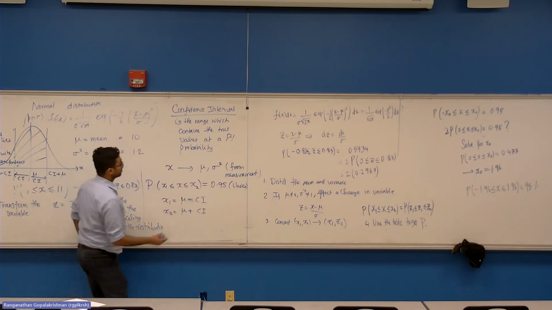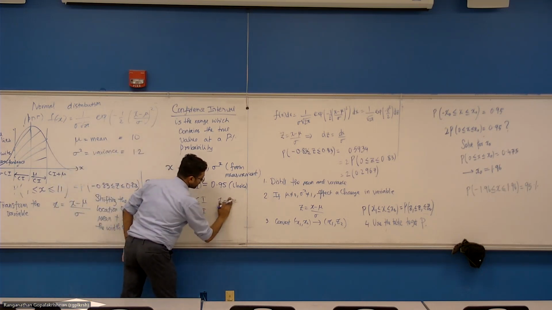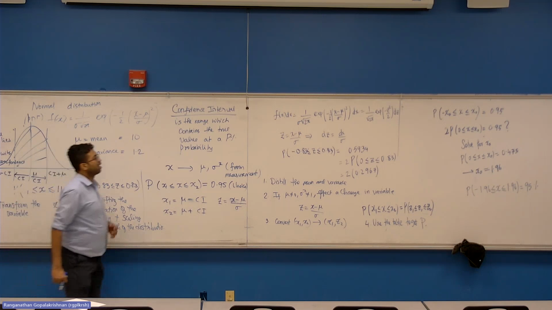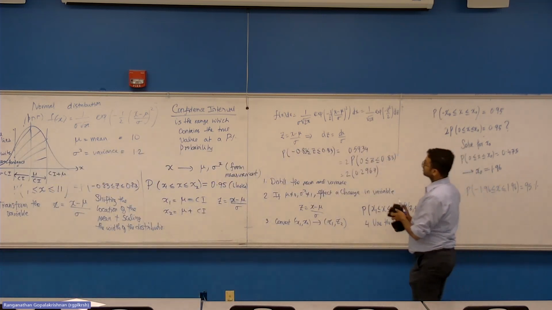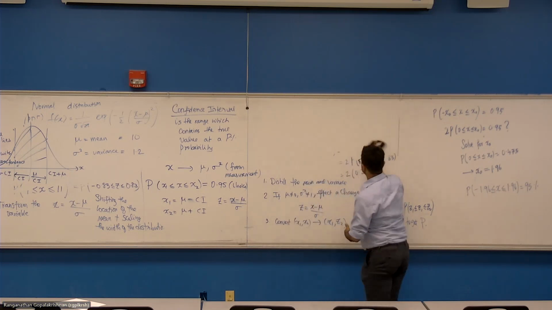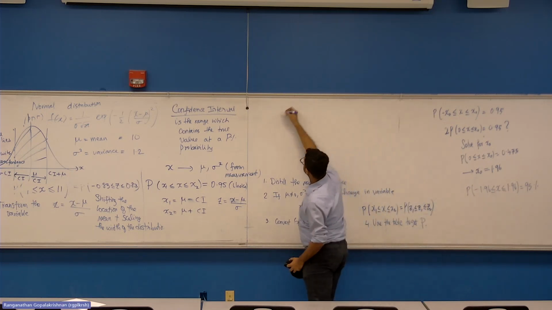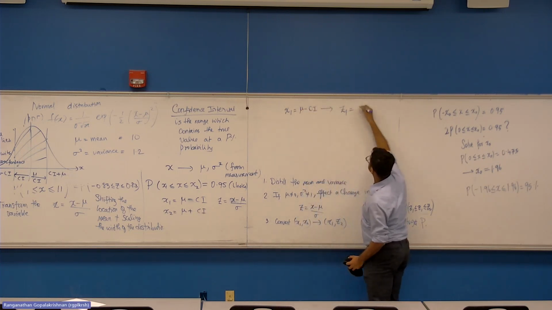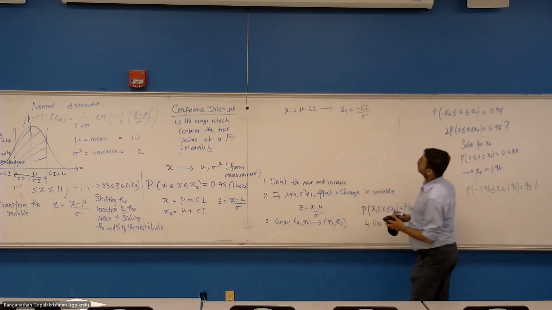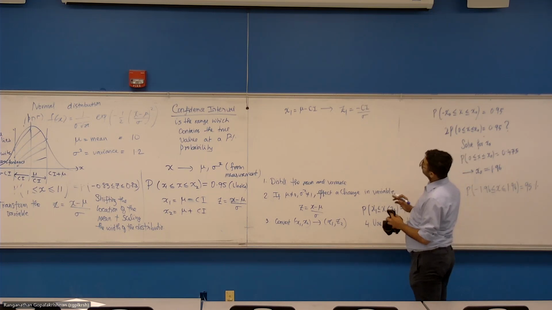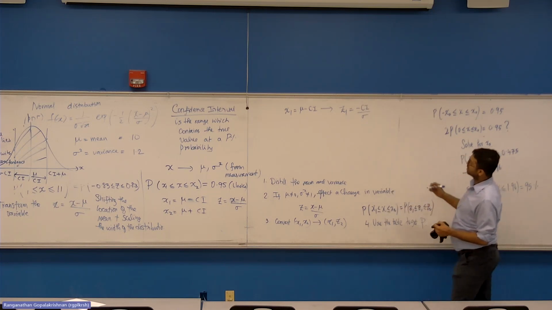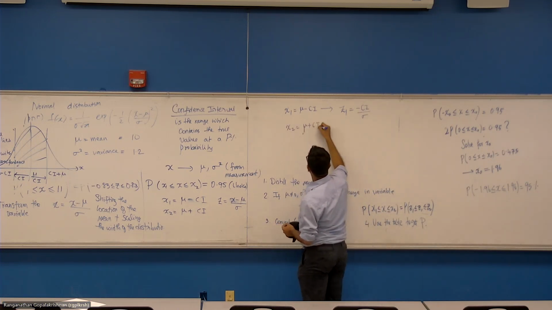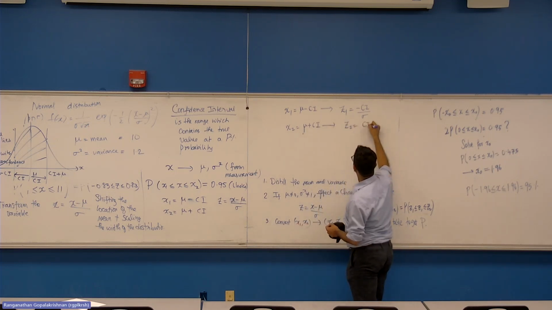If you do a variable transformation saying z equals x minus mu divided by sigma, then x1, which is mu minus ci, will transform as z1, which is minus ci divided by sigma, and x2, which is mu plus ci, will transform as z2 equals ci divided by sigma.